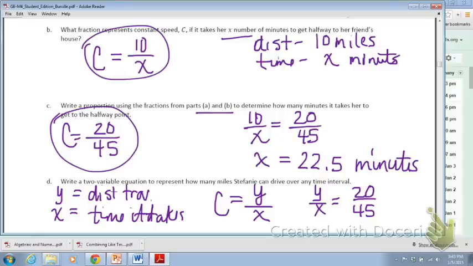Okay, and simplifying that out, I get that 45y is equal to 20x, and so y is equal to 20/45 x.